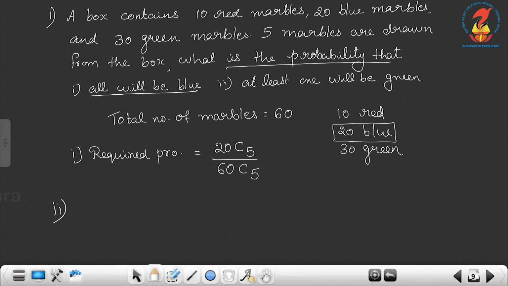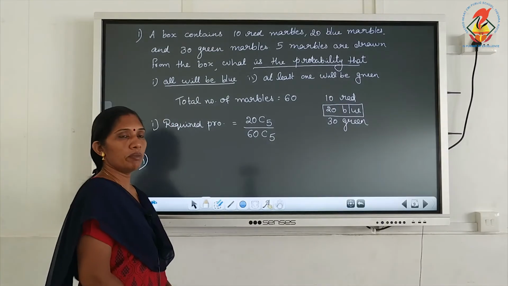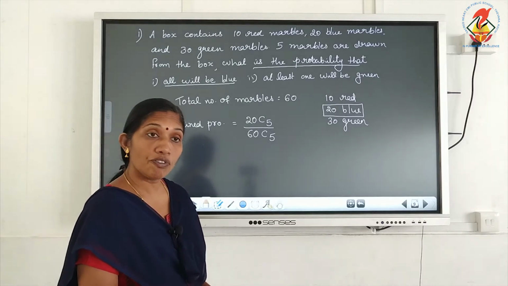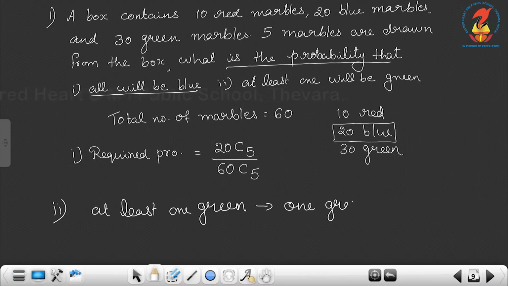Now, what about the second one? The second one: at least one will be green. At least one will be green means 1 green, 2 green, 3 green, like that. We are taking 5 balls. So, at least 1 green. That implies 1 marble green, and the 4 from the other colors, either red or blue.